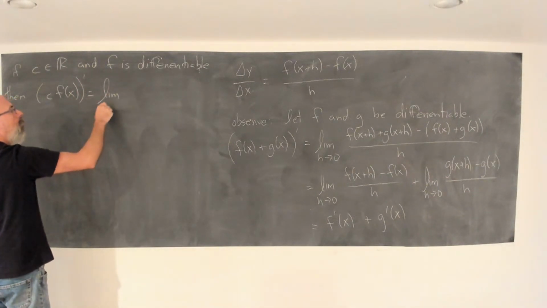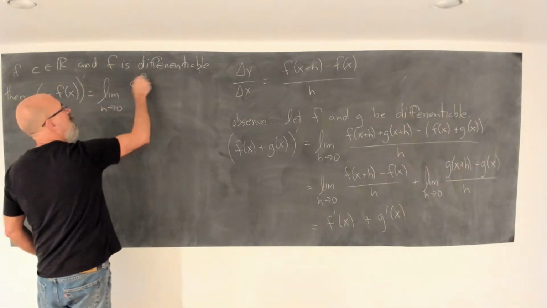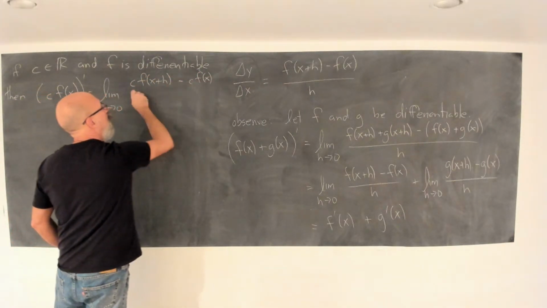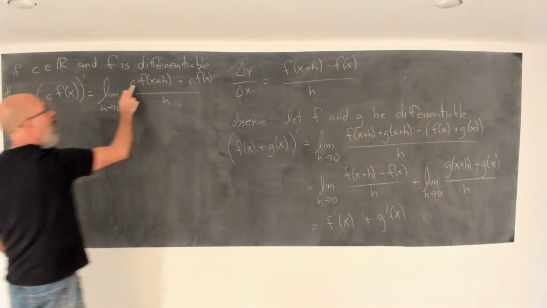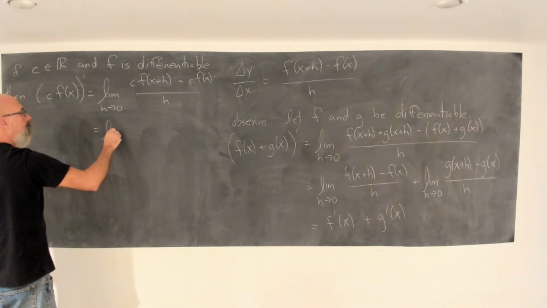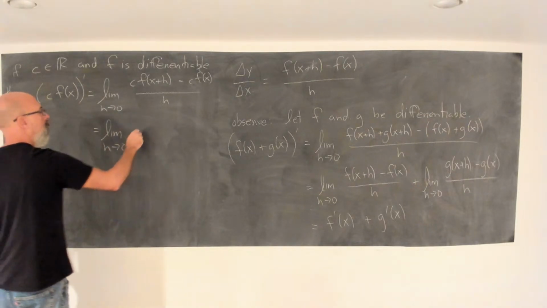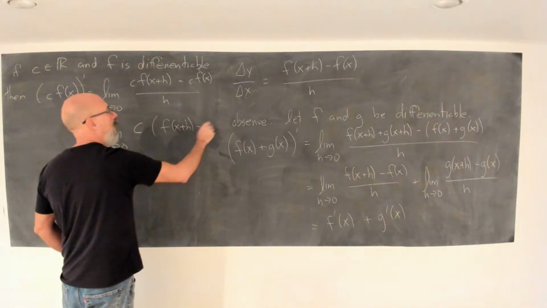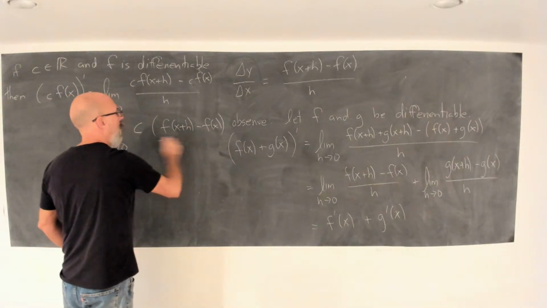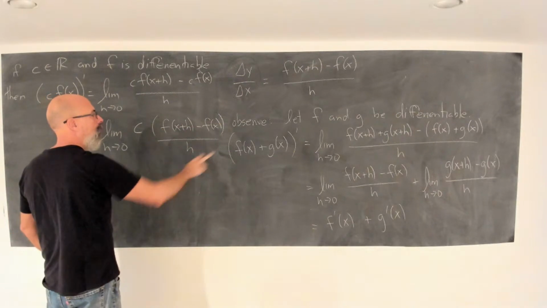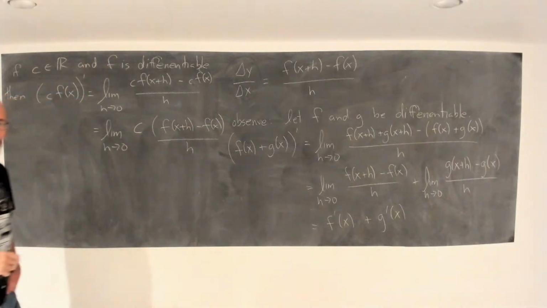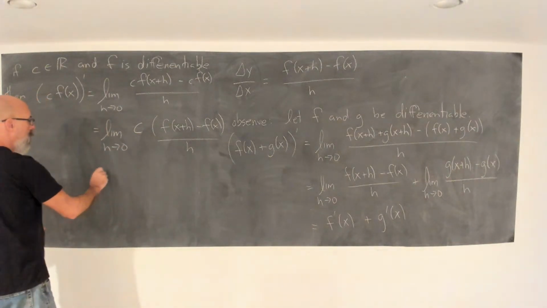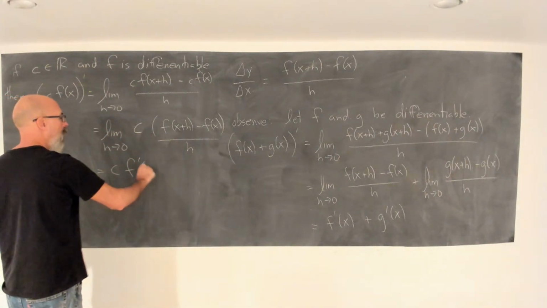Let's work it out. This is c f of x plus h minus c f of x over h, and you can pull out the c. And this limit exists. And you know that you can pull out constants. So this is really c times the derivative.